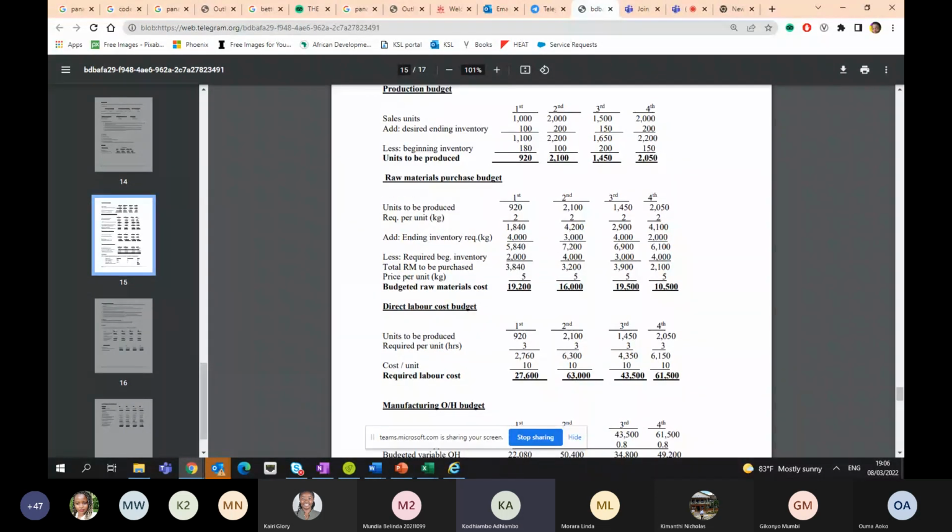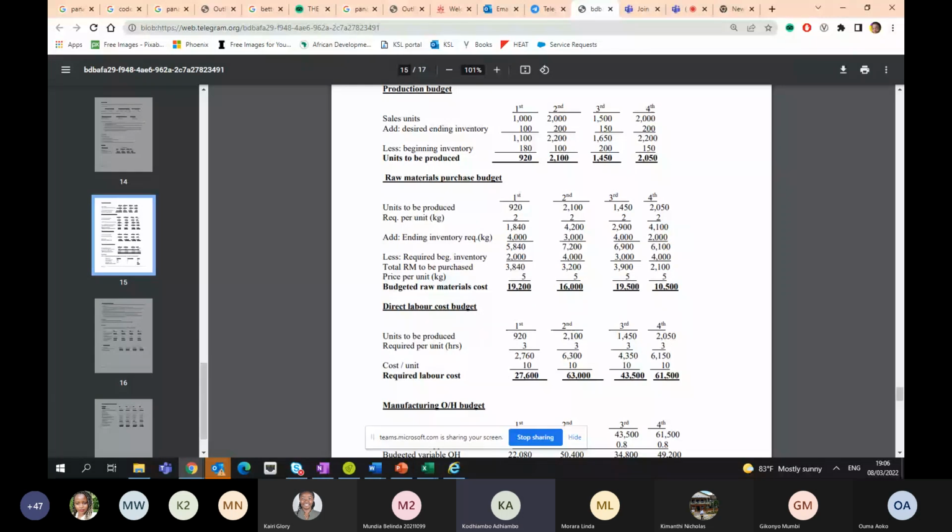2,000. So it seems that what has happened here is they're assuming inventory at the beginning of the quarter is the inventory of the units. If you look at the 2,000, 4,000, 3,000, basically this is twice this, because remember we need 2 kgs per unit. So that is what they've done.